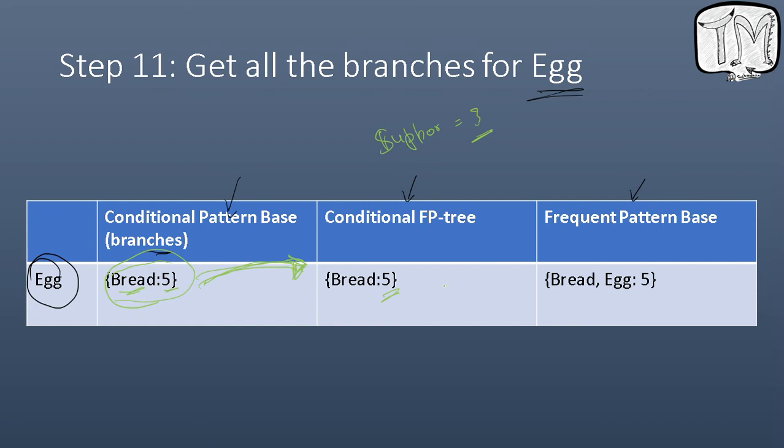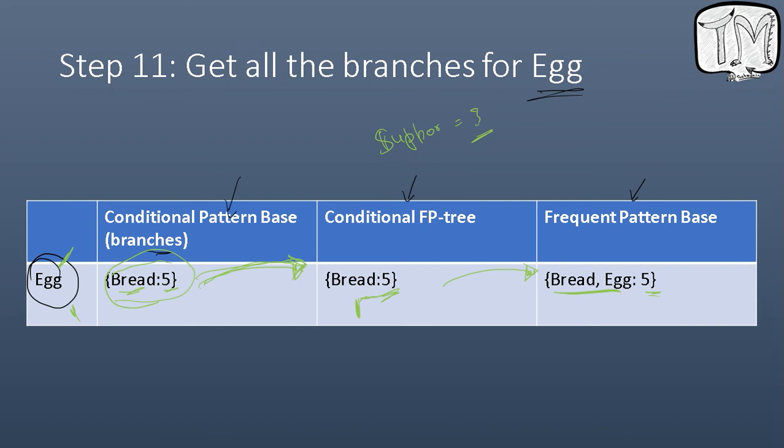Next, from here to here, we create all the combinations of the item we are looking at with all the items in the conditional FP tree. Since we have only one item here and one here, there could be only one possible case, which is bread and egg with frequency 5. So we have put it here.